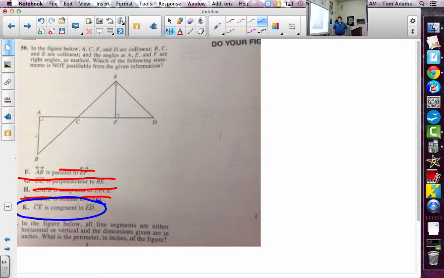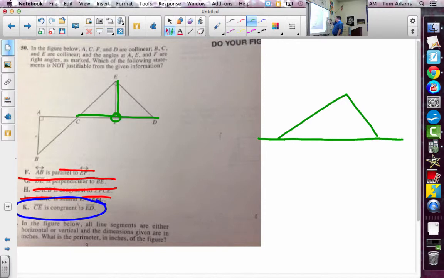The only way to prove it would be if this point F, or the line EF, bisected CD. If it bisected that, then yeah, I could prove it all day long. Right? You could have a similar situation like this. Look at this. I've kind of skewed the data.